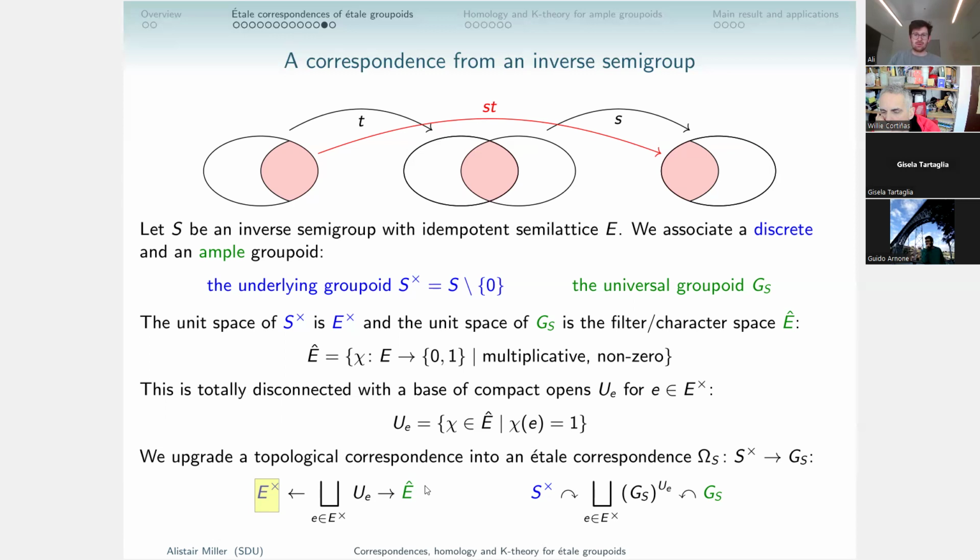Really, I want to divorce the inverse semigroup from the space, because this doesn't fiber over this, right? In a natural way. Yeah, you're right.